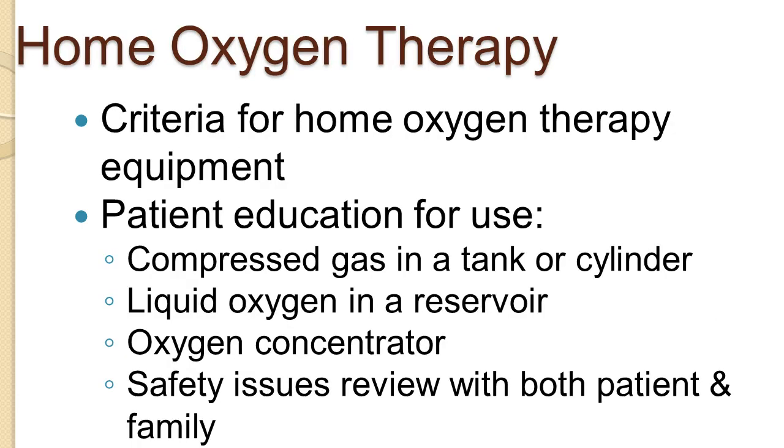Again, thinking about home oxygen therapy, the criteria for home oxygen therapy equipment, a lot of teaching needs to go into this when our patients are sent home on oxygen. Many times, in order for this to be paid for, the person must have severe hypoxia, usually below 55%, or the pulse ox is below 88% when they're on room air or at rest.